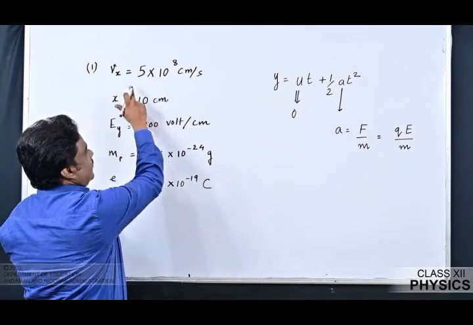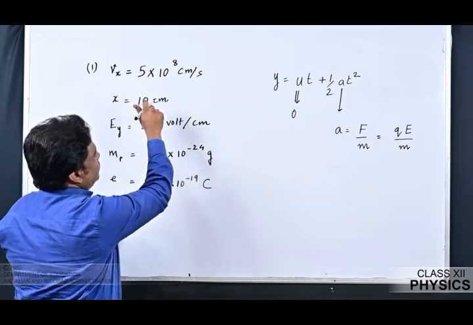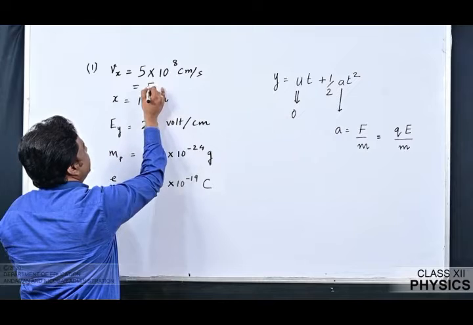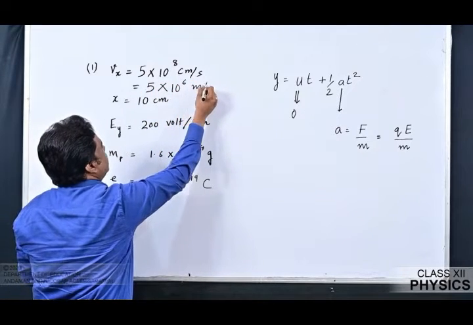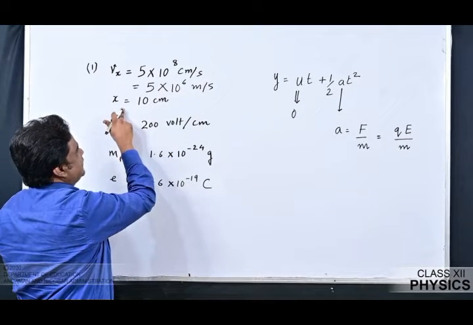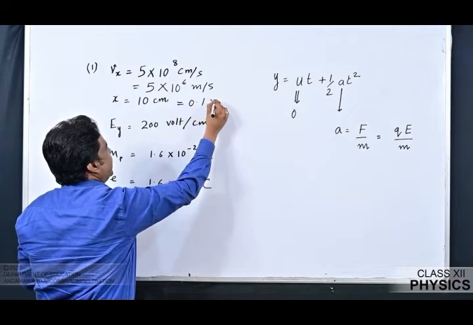What about the velocity value given to you, that is Vx? It is in centimeter per second, so convert it into meter per second, it will be 5 into 10 power 6 meter per second. Next, the horizontal distance traveled by the charged particle is 10 centimeter, so convert it into meter, it is 0.1 meter.